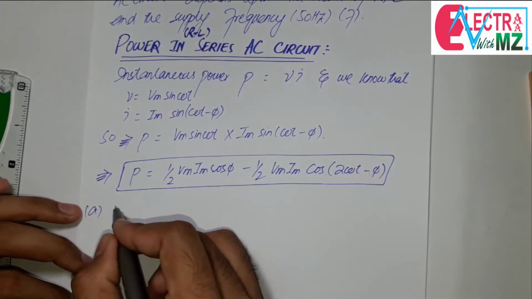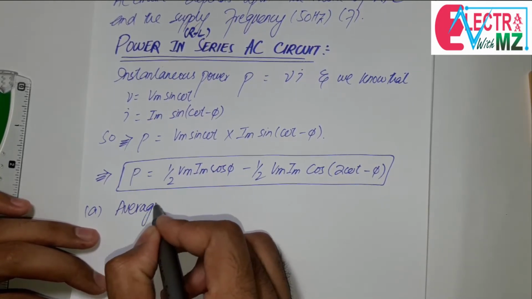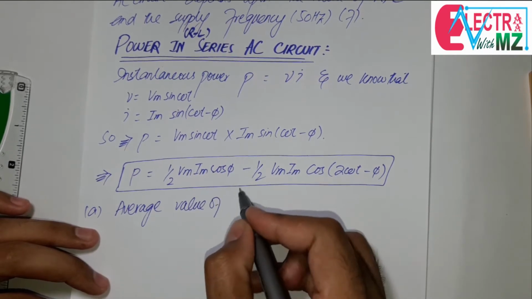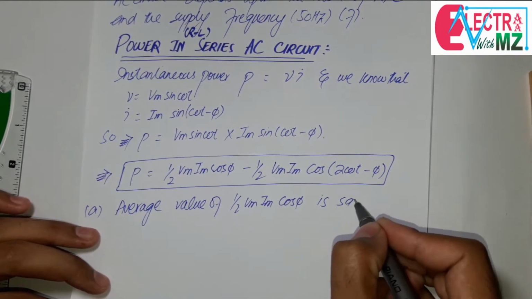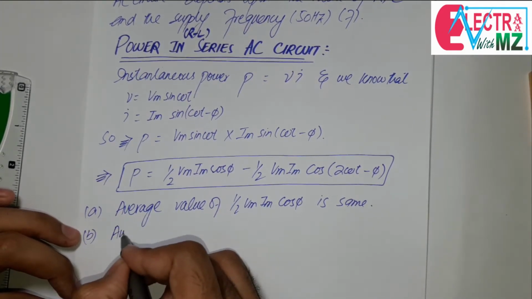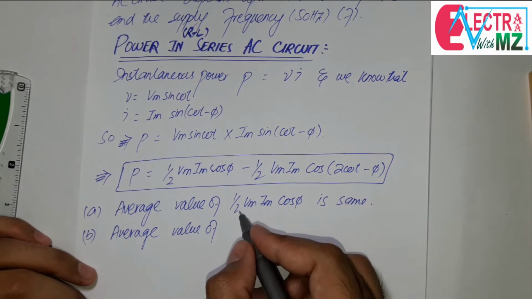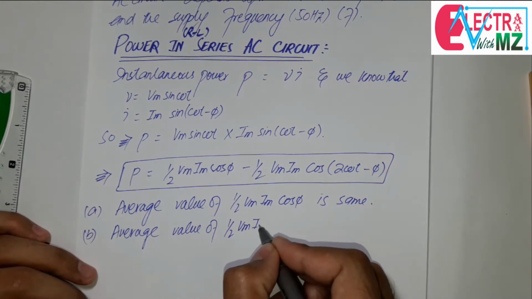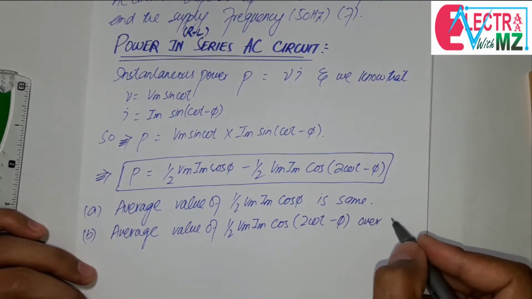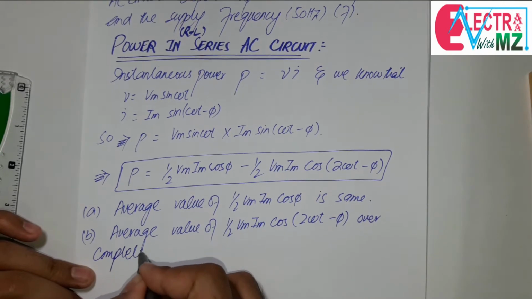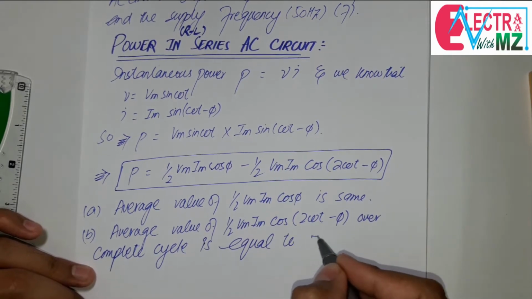The average value of 1/2 Vm Im cos phi is the same, but the average value of 1/2 Vm Im cos (2 omega t minus phi) over a complete cycle is equal to 0.